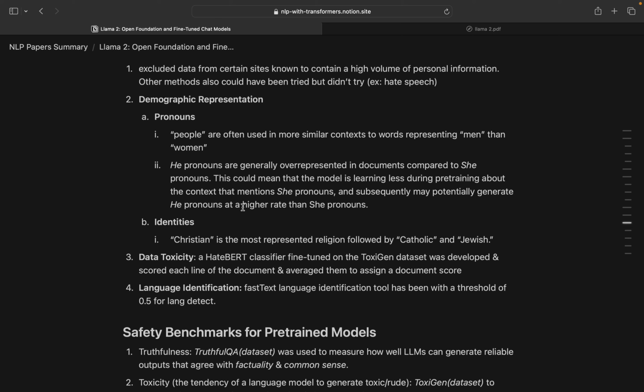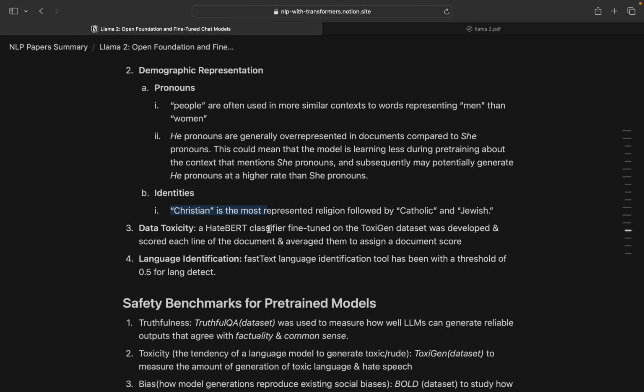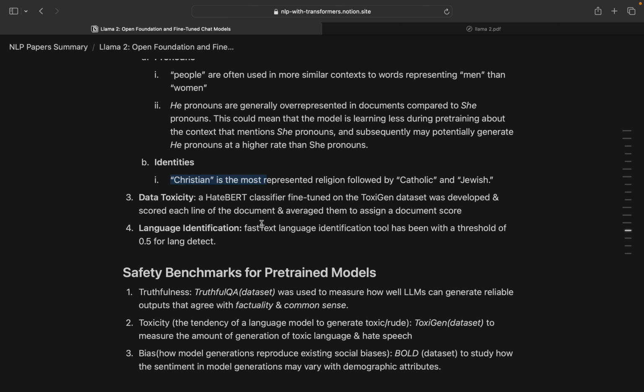That could be the reason the model might not be able to understand the context wherever she is mentioned. They also talked about religion, where Christian is mentioned the most number of times. They also trained one more model to classify each sentence as hate or not, and they removed certain things. They have done a lot of similar stuff while cleaning the training dataset.